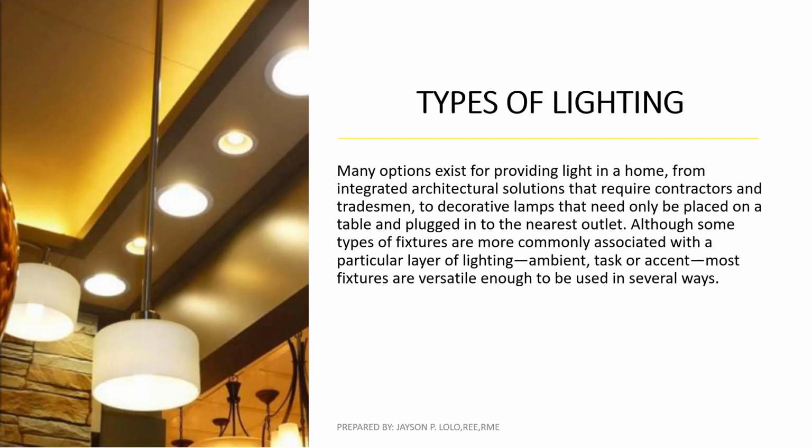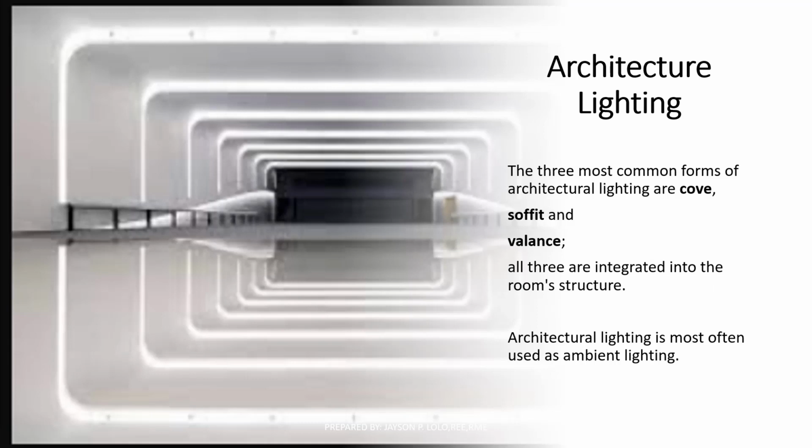Remember that the first common lighting in the Philippines is the architecture lighting. The three most common forms of architecture lighting are cove, soffit, and valance. All three are integrated into the room structure, so architectural lighting is most often used as ambient lighting.